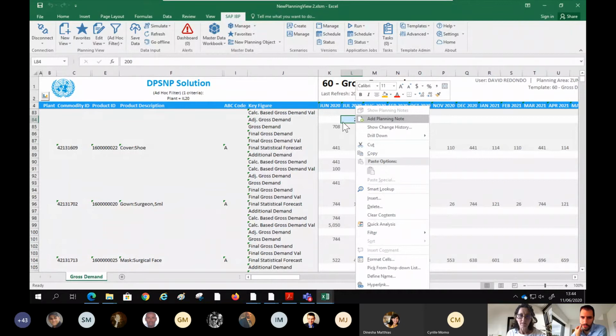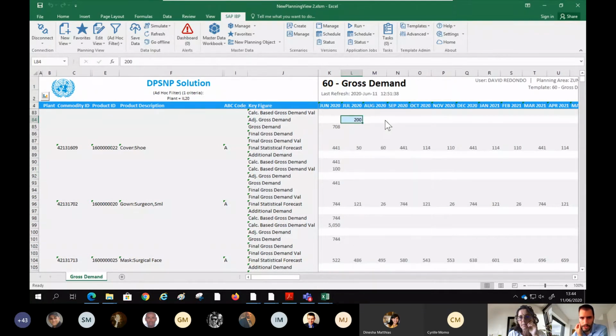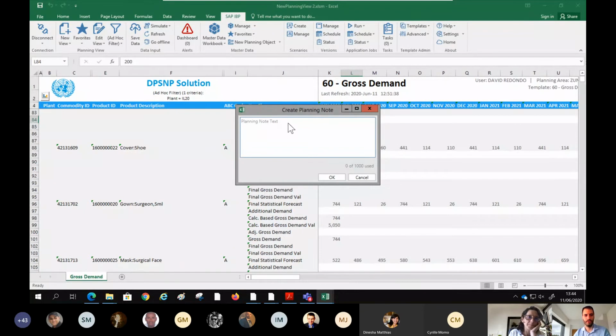This is what you mean? Right click, yes, add planning note. Of course, when we save, you will always have the typical pop-up with the comments. That is general. But if you want to add a note for the person that needs to review this, you just do right click and add a note. So, adjustment due to whatever.